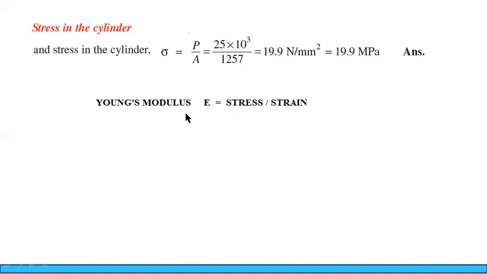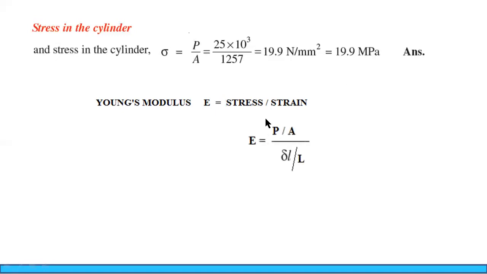And then after that you have to find the value of change in length, that is delta L. For finding out the value of delta L, you have to know the value of stress and strain. Already we know the formula for Young's modulus, that is capital E equals stress by strain. Already we found that stress equal to 19.9.